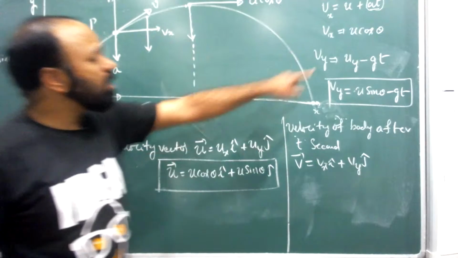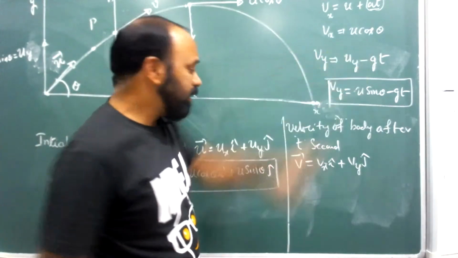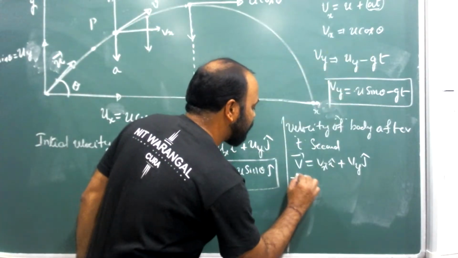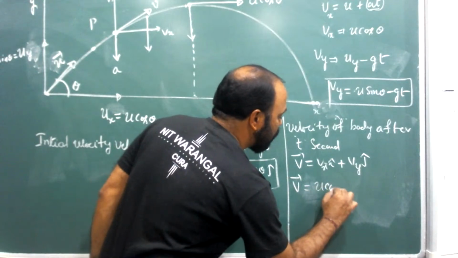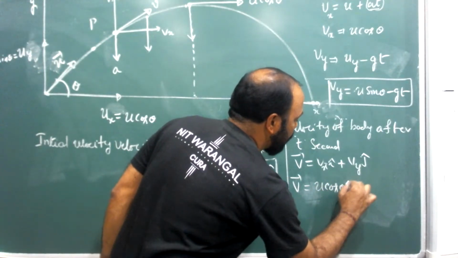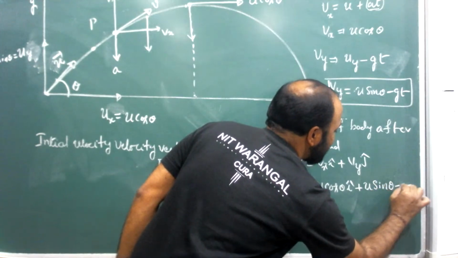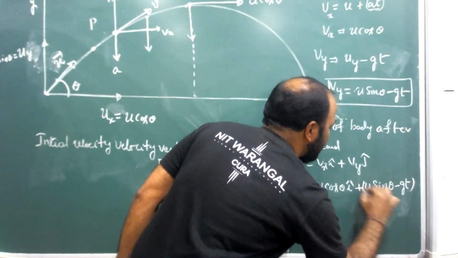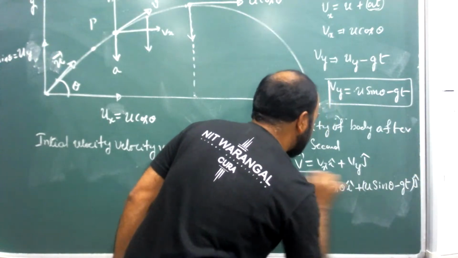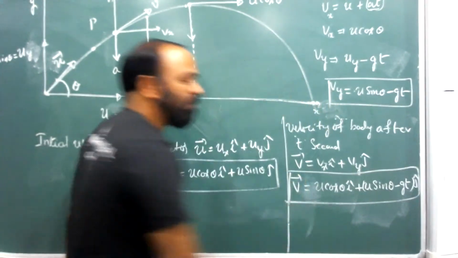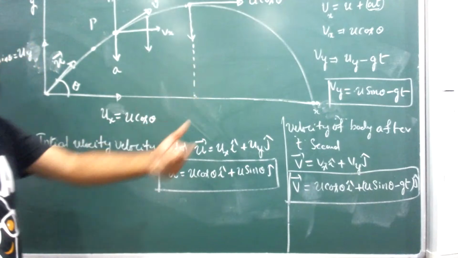What is the Vx value? Vx is the horizontal component, which is constant. So we can write v bar equals u cos theta i cap plus (u sin theta minus gt) j cap. This is the formula to find the velocity of the projectile after t seconds.